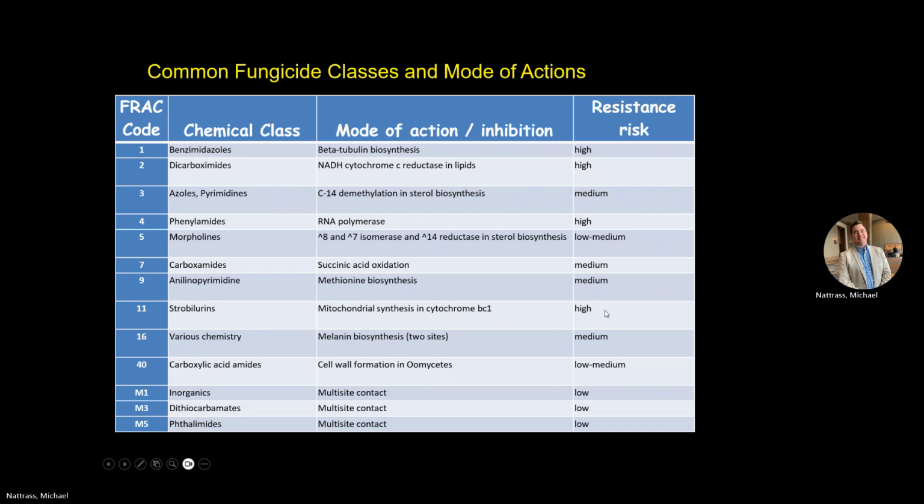So this FRAC code may come in handy. If you spray benzimidazoles 1 year, you probably shouldn't spray it in year 2. You need to find a different chemical class in order to mix it up. You don't want to continue to spray the same mode of action over and over again because those fungi will develop resistance.